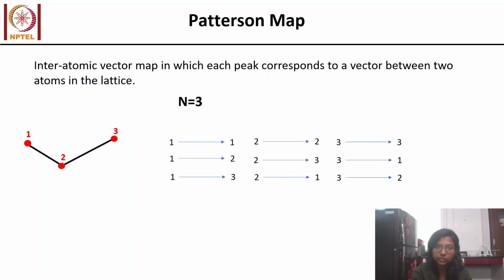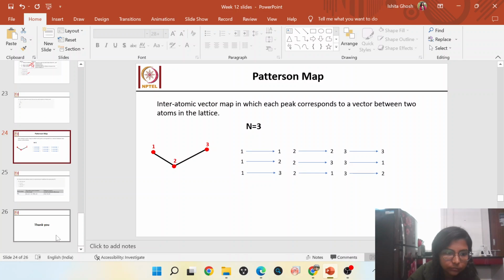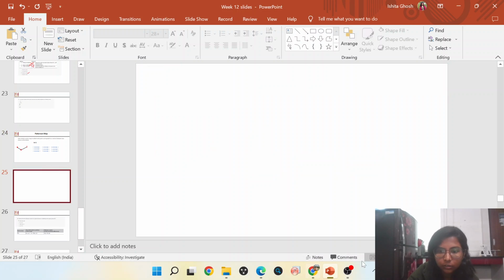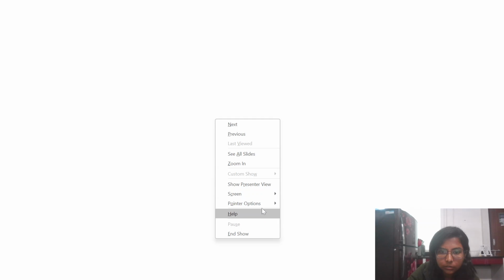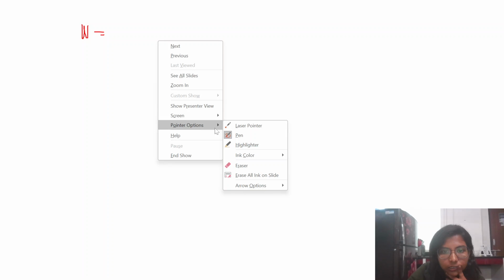So what is the Patterson map? It is based on the interatomic vector. Here it is given, but let us try to do it ourselves.